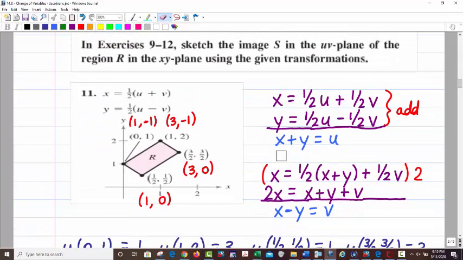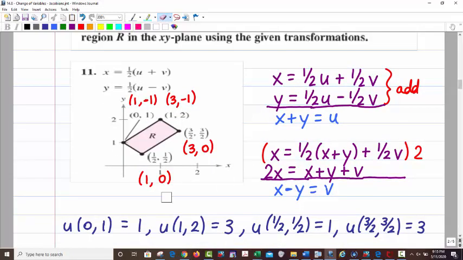So you add those together, we know the v's would cancel, and you would have u equals x plus y. And here I multiplied by 2 to get the u's to cancel, and I end up with x minus y equals v.